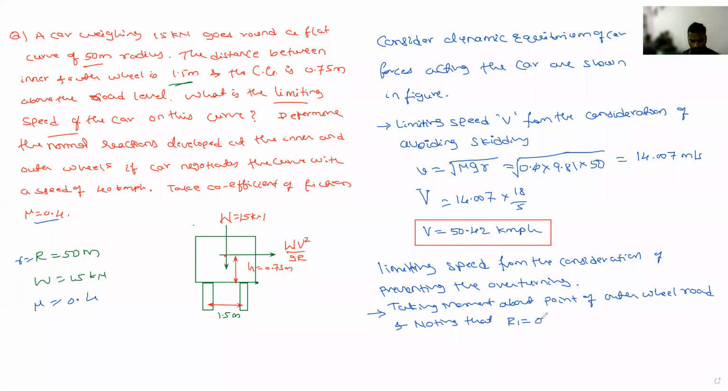R1 is equal to 0, when the vehicle is about to overturn, we get.